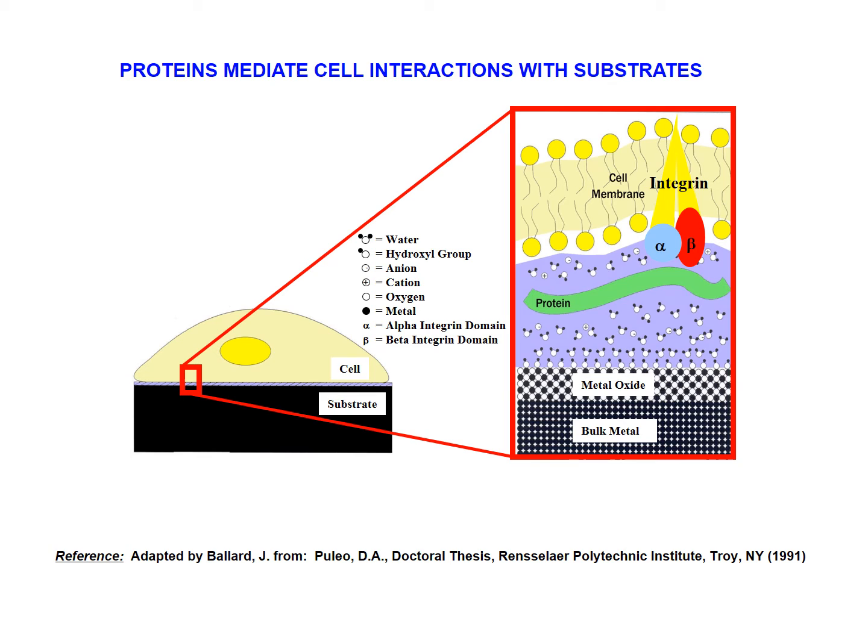As you know, when metals are exposed to an environment which contains oxygen, such as the air which we breathe, the metals form an oxide layer. However, in biological fluids, there is some concentration of dissolved oxygen as well. Therefore, when a metal implant goes inside the body, there is always a metal oxide layer formed onto the surface of the bulk metals.